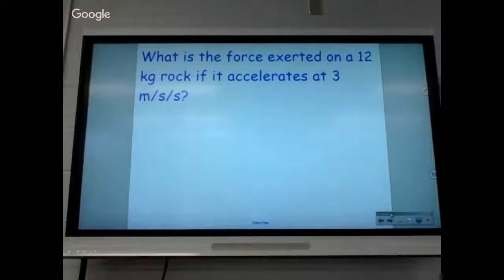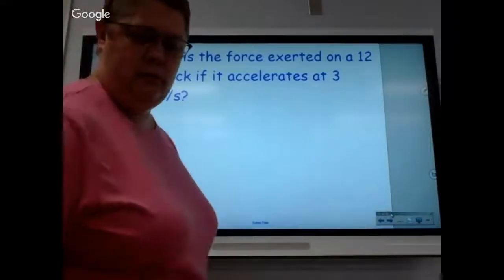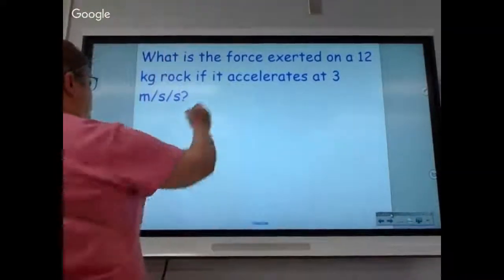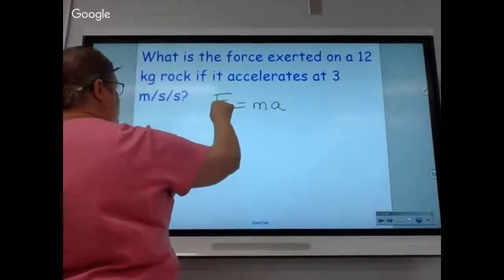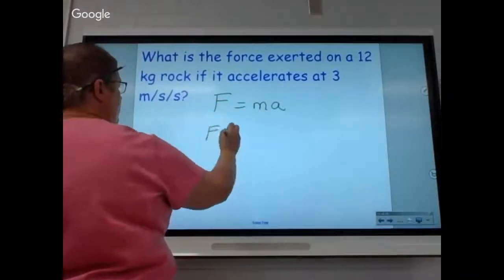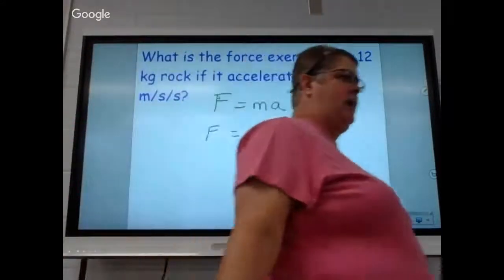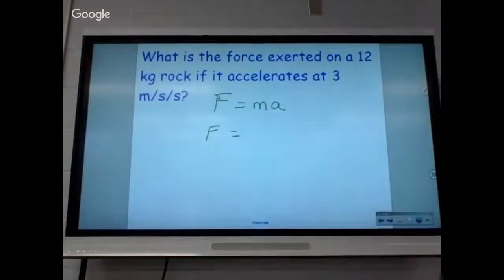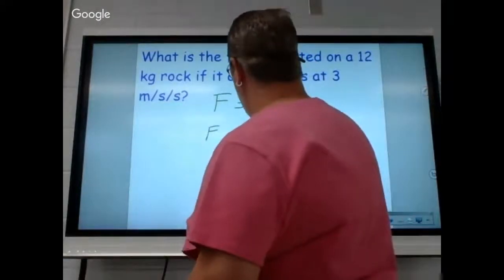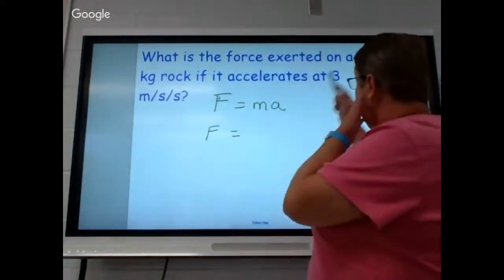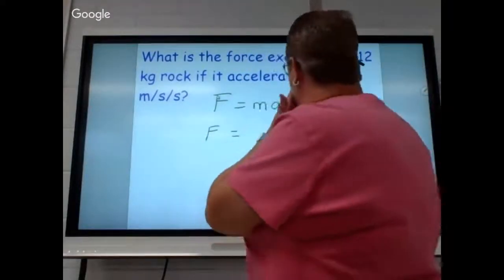So, if we're using F equals ma, and the question wants us to find force, what unit do we know has to be on a mass? kg. All right, so if we're going to put kg for mass, what number up here has kg on it?